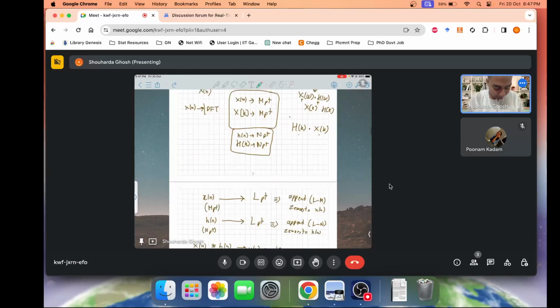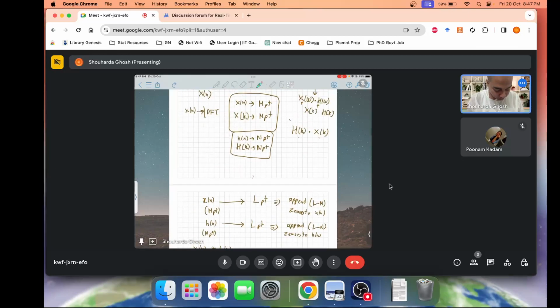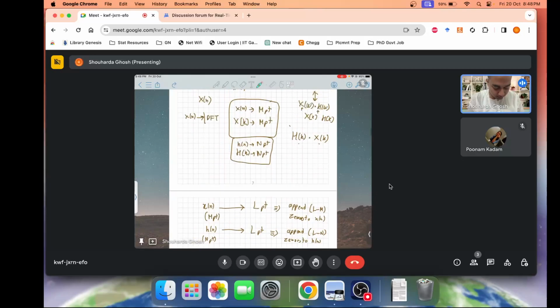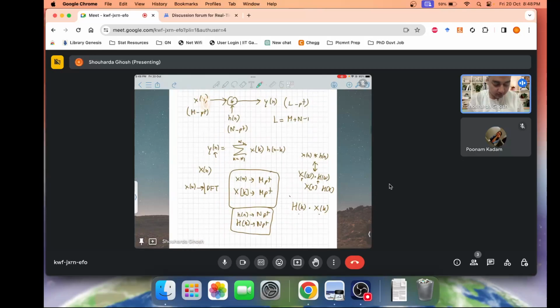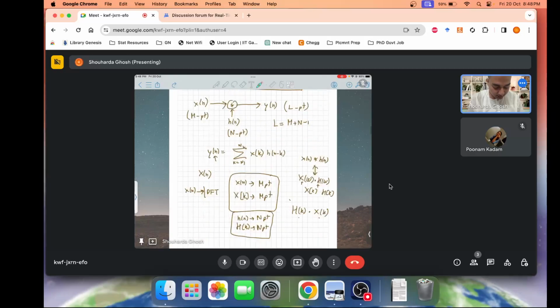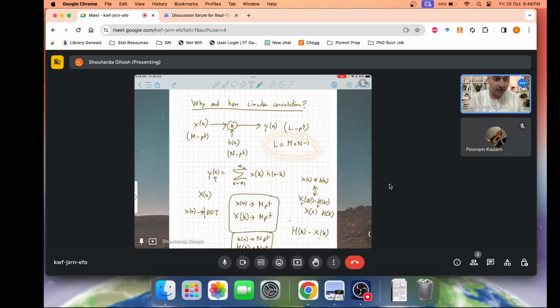So what do you need to do then? We need to ensure that both x of n and h of n are of the same length. So we append zeros and make them a common length L. And what was L? L was nothing but M plus N minus 1. We ensured that these signals become equal to the length of the final convolution.